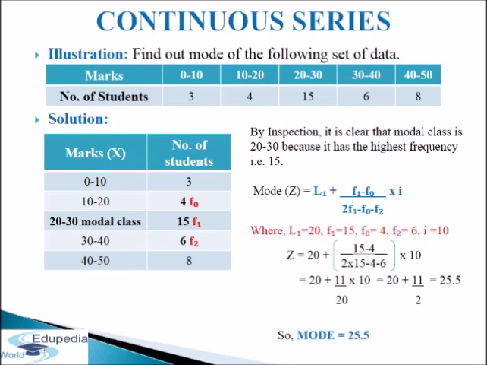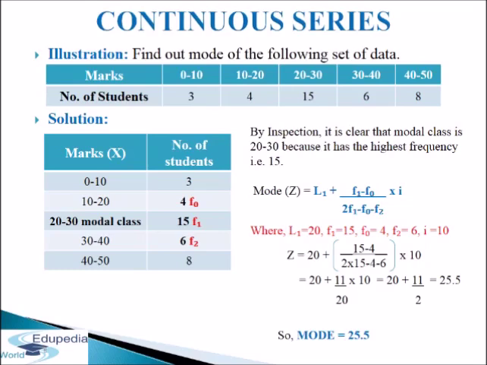Now as you can see, by inspection, you can say that 15 is the highest frequency. So x against this frequency is 20 to 30. So it will be the modal class. And F0 will be 4 because it is the frequency of the class preceding the modal class.